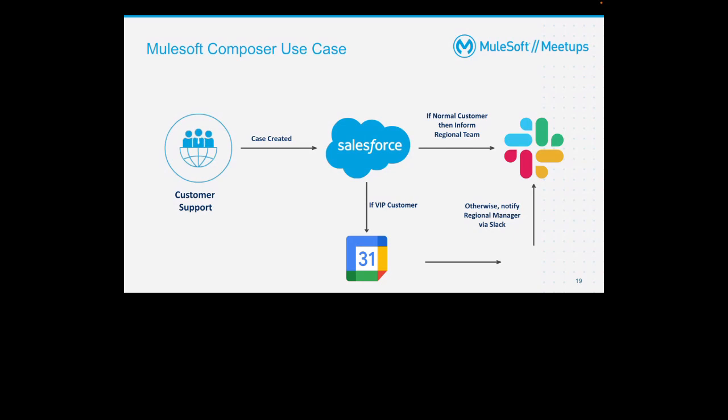It goes the very same for your east service team. If the account belongs to the east region and I create a case, then I would inform my east service team, which has a separate channel. Over time, when you have an organization, you would have service teams dedicated to those regions.